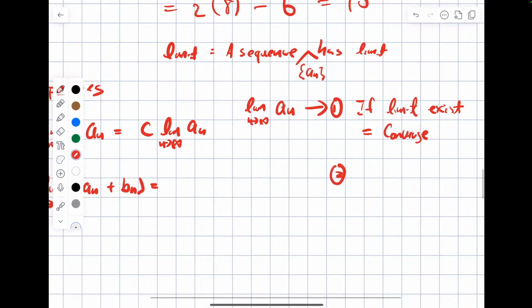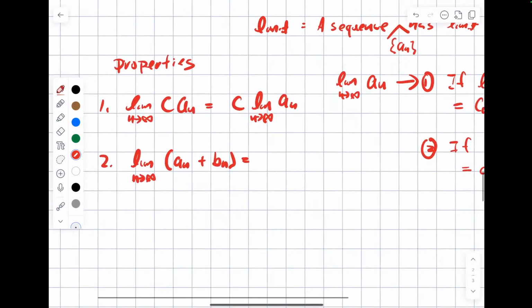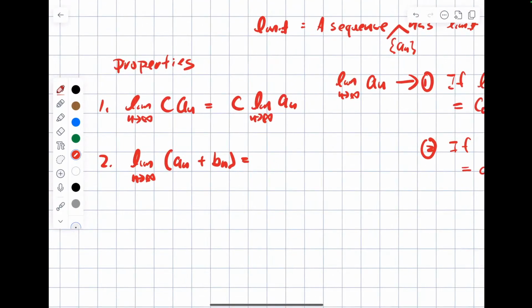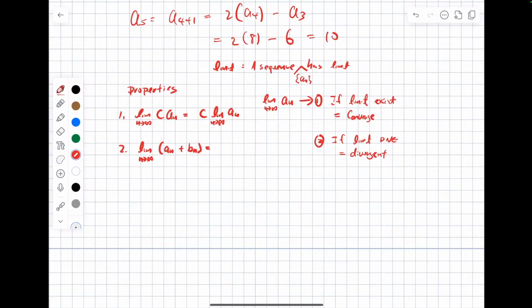Second situation, if the limit does not exist, then we call that divergent. So if it equals a value, that's converge. If it equals infinity or some other situation, it would be diverge. But we haven't addressed other situations yet.